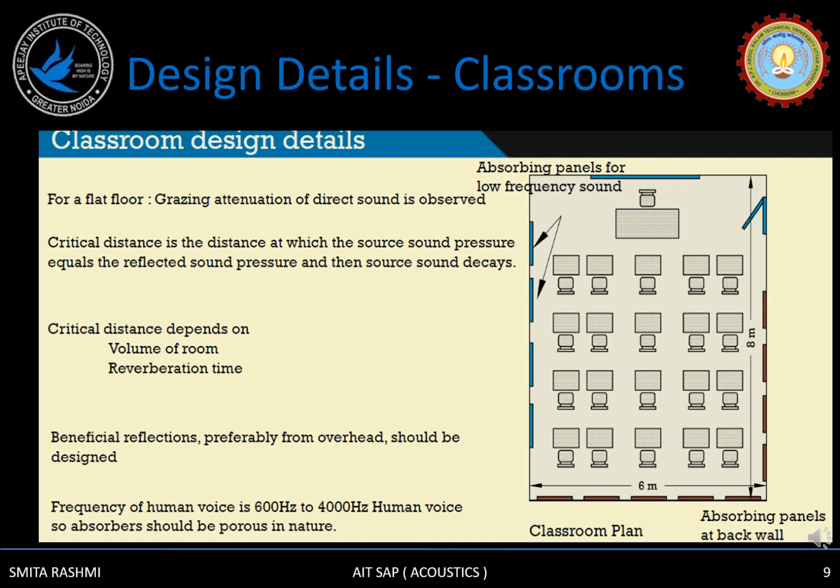Grazing attenuation generally occurs when there is no slope and when the sound source is incident at a very shallow angle. We will describe it in detail in the next slide.